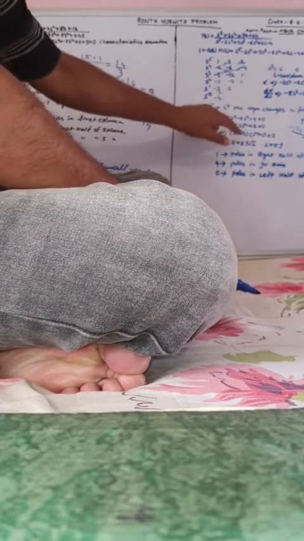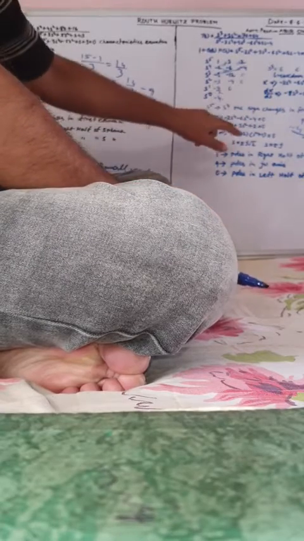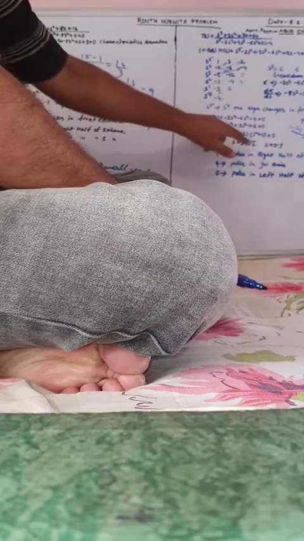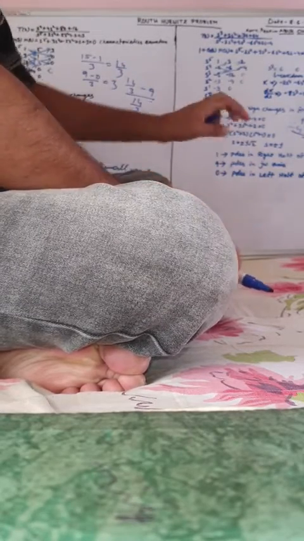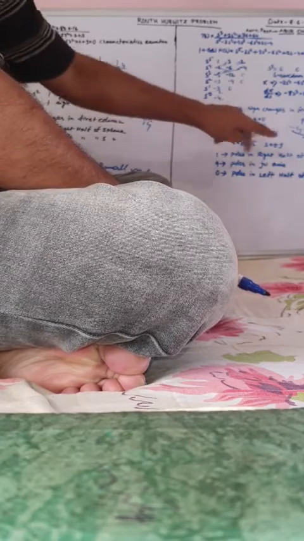So s square plus 2 into s square plus 1 is equal to 0. So s is equal to plus minus j root 2 and plus minus j. So 4 poles are on the j omega axis.